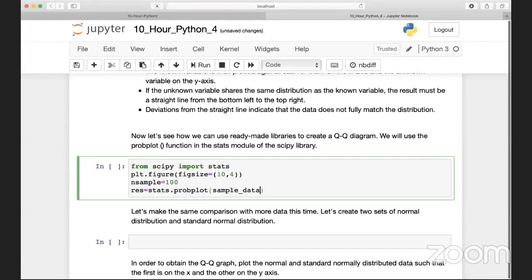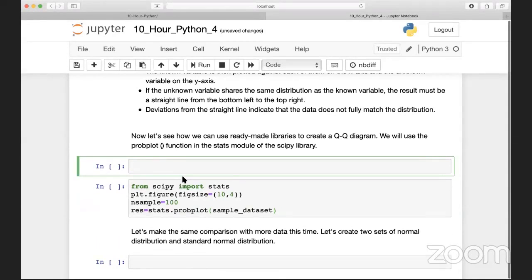Sample data set. Let me define another data set before moving forward, because I don't want to use the same data set. Sample data set 2, let's say. Sample data set 2 equals np.random.randint. Again, it generates integers.